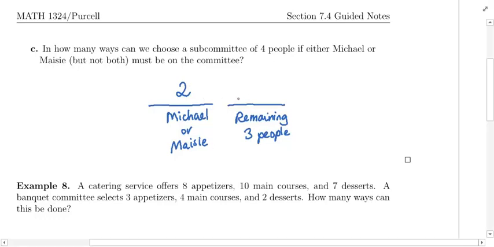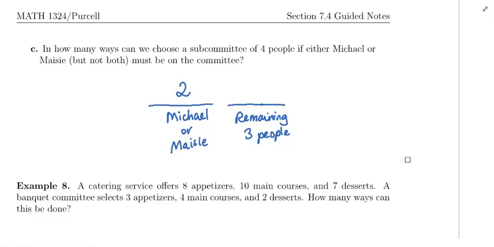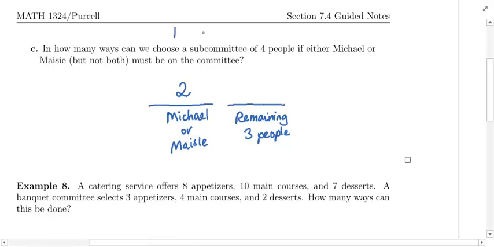Then we're going to go to the next blank, which is going to handle the remaining 3 people that have to be on the subcommittee. Remember, you're going to the overall group now. Let's say the overall committee, remember how it was formed. We don't know specific names, but we know Michael is in the original committee.